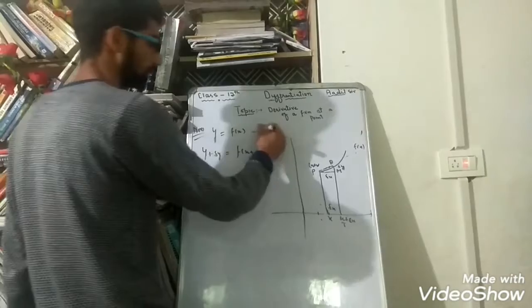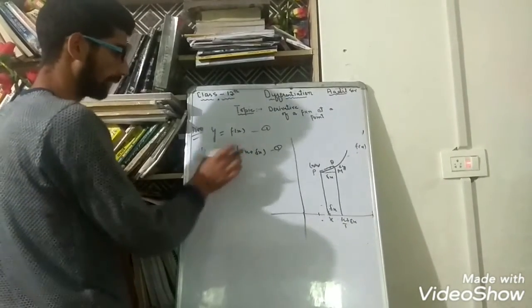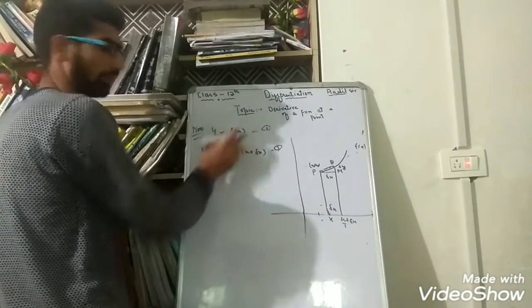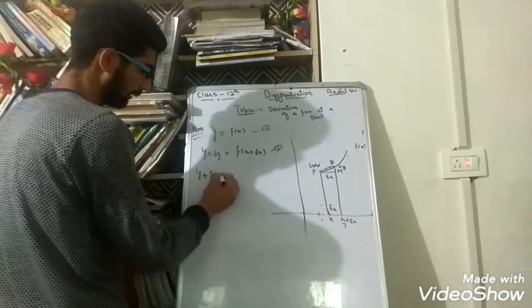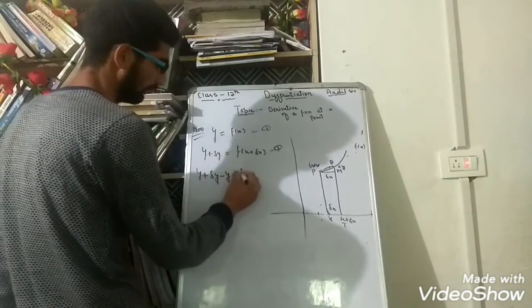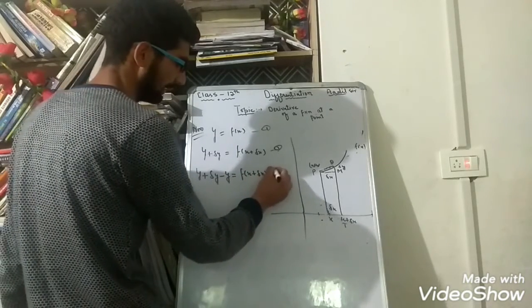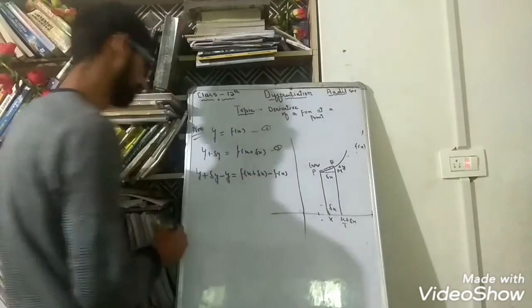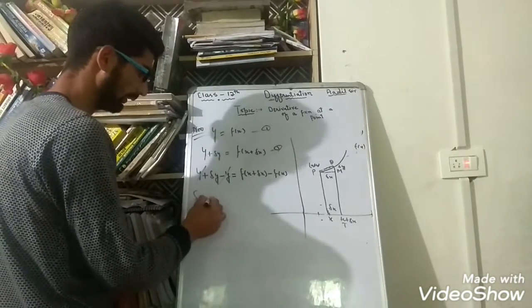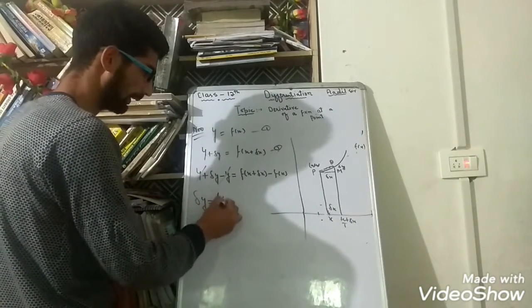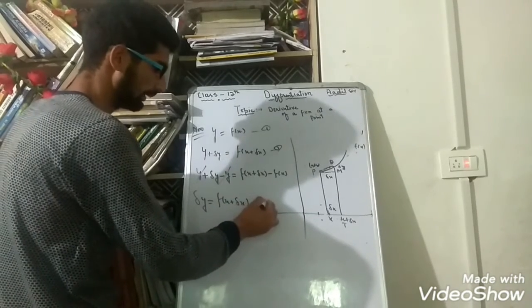Now when I subtract the first equation, I get y plus del y minus y is equal to f of x plus del x minus f of x. And this y and y get cancelled. I get del y is equal to f of x plus del x minus f of x.